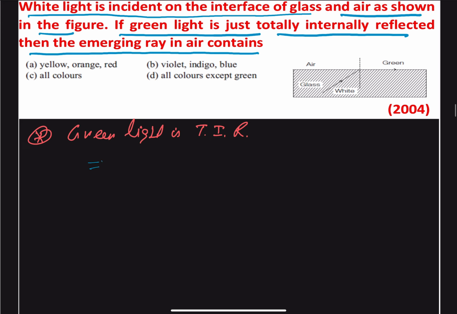So therefore we can say that the incident angle at this particular point, let us call this P, is equal to the critical angle for green.